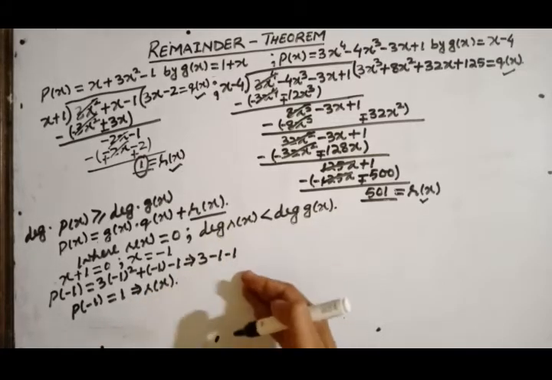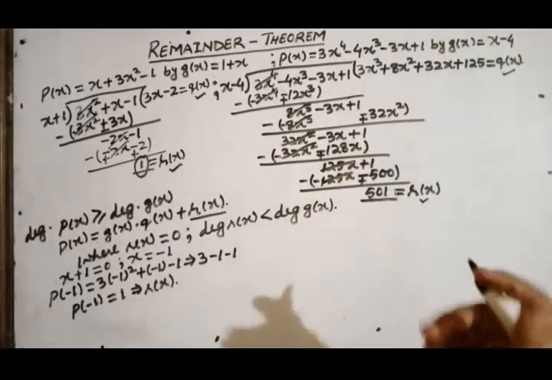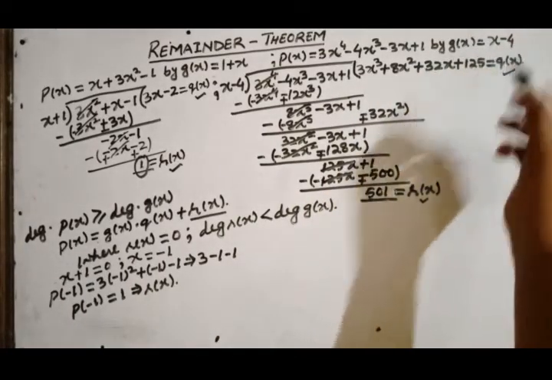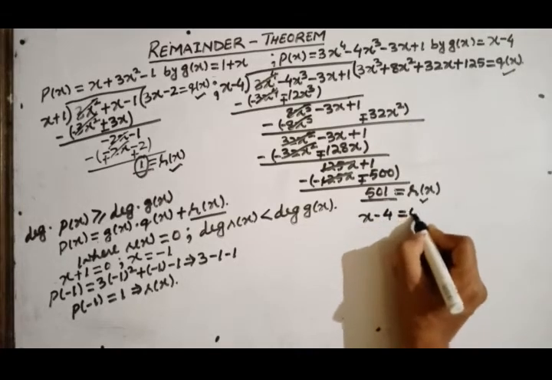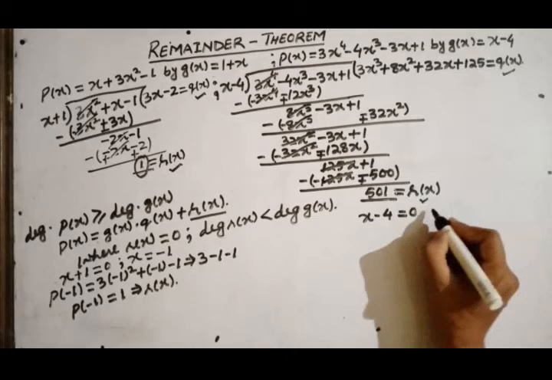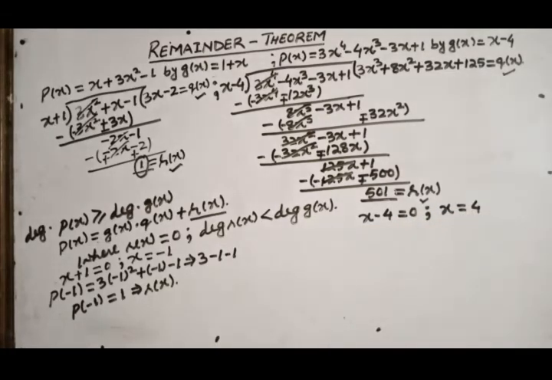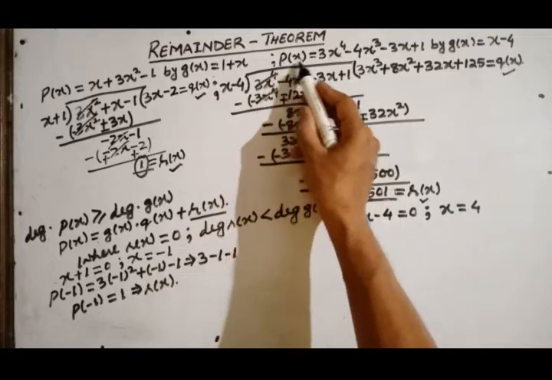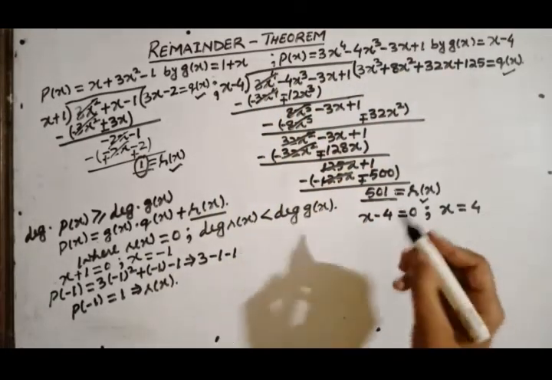Let's apply the same concept in the second case. Here we have to equate the g(x), x minus 4, to 0 at first, for which x is 0 plus 4, that is 4. Now we calculate the value of the dividend p(x) at x equal to 4.